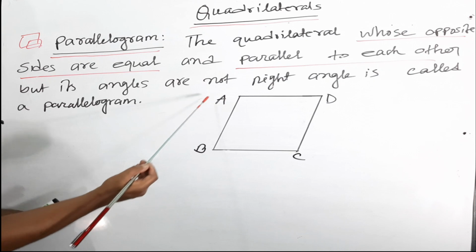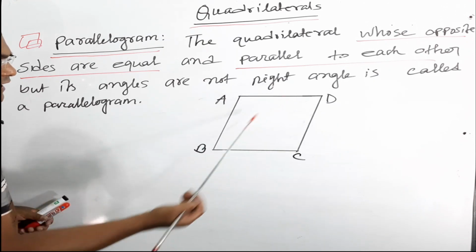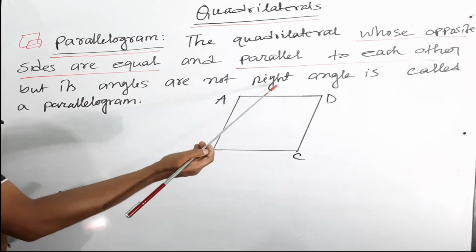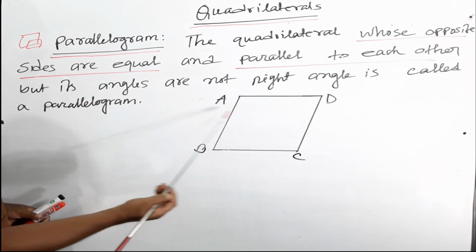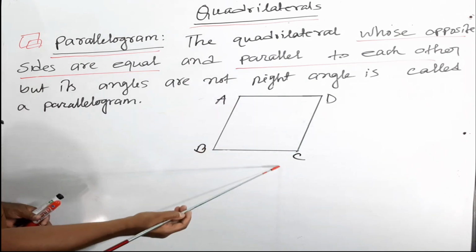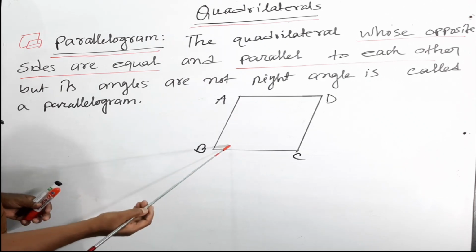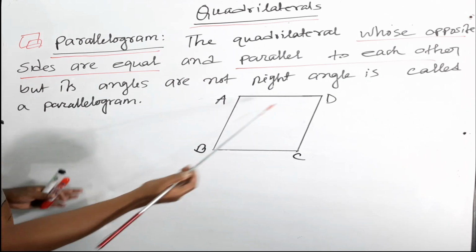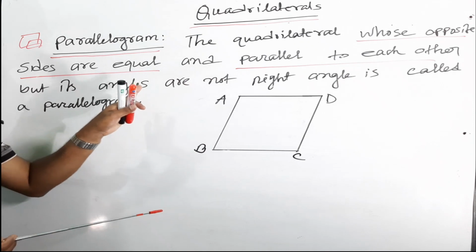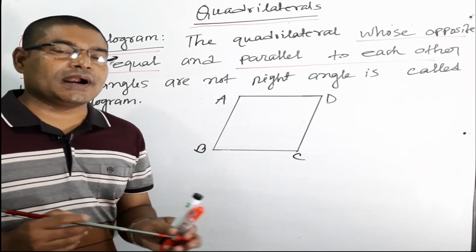You can see here AB is parallel to DC and AD is parallel to BC. So opposite sides are parallel, and all angles, this angle, this angle, this angle and this angle, are not right angles. So we have learned the definition of a parallelogram.